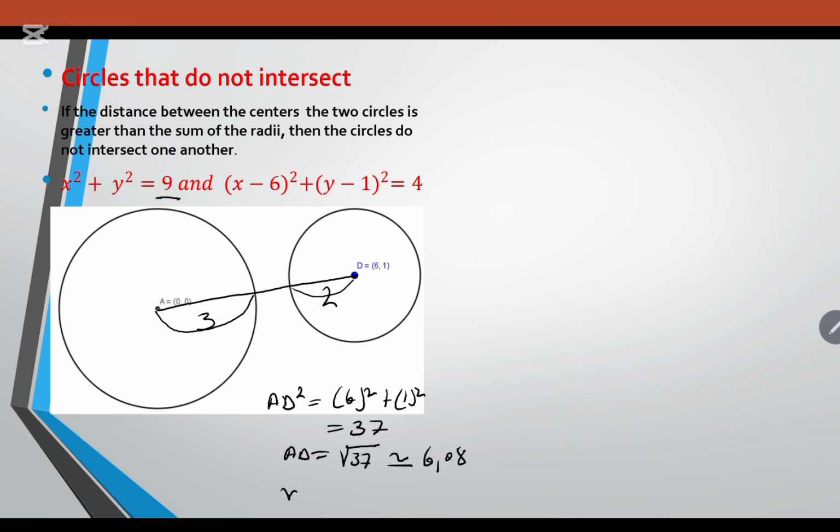The radius of the bigger circle plus the radius of the smaller circle is 3 plus 2, which equals 5. So the distance between the two centers is bigger than the sum of the radii. Therefore, these two circles don't intersect. So we say the distance AD is greater than the sum of the radii, therefore these circles do not intersect.